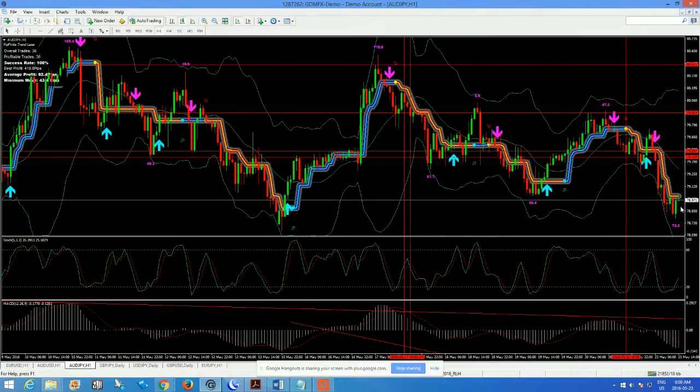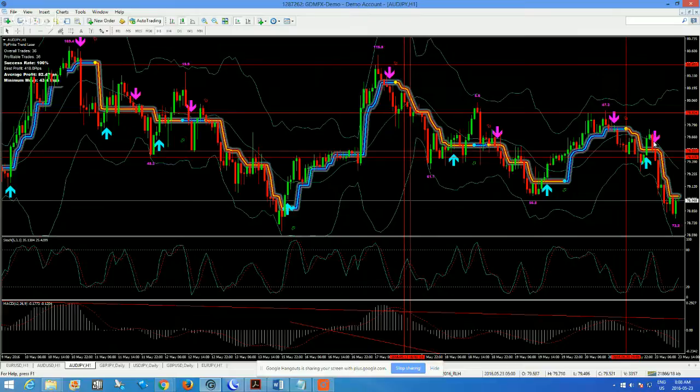Certainly bouncing there a little. From a Japanese candlestick point of view, this bar represents bullish engulfing, and it is trying to rally, but doesn't look like it's going to succeed.